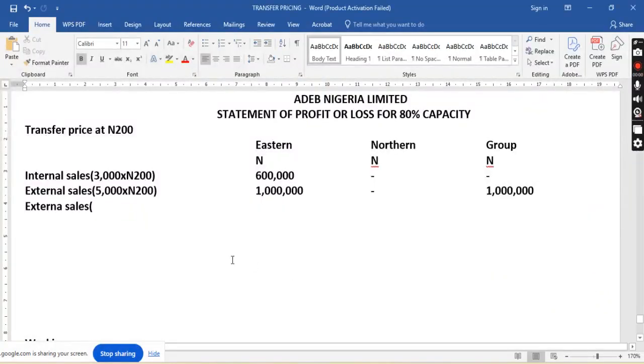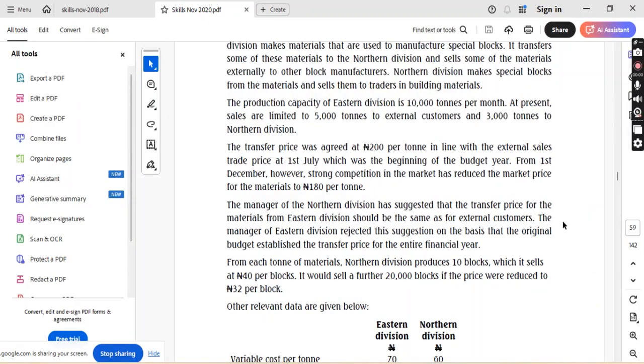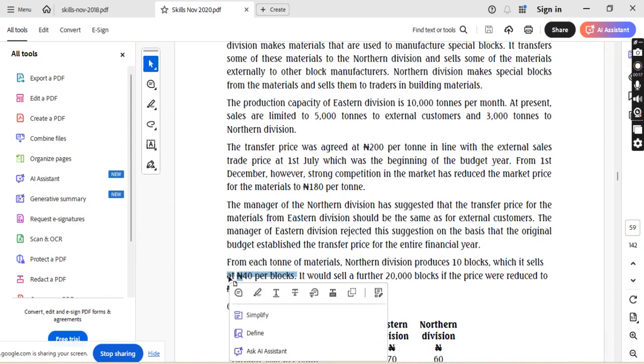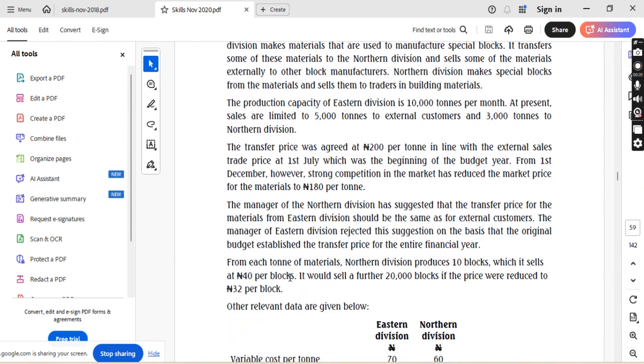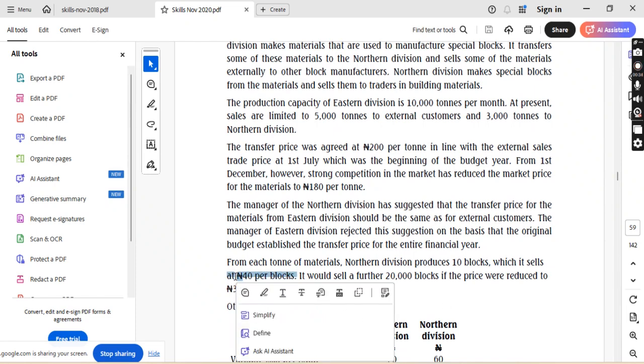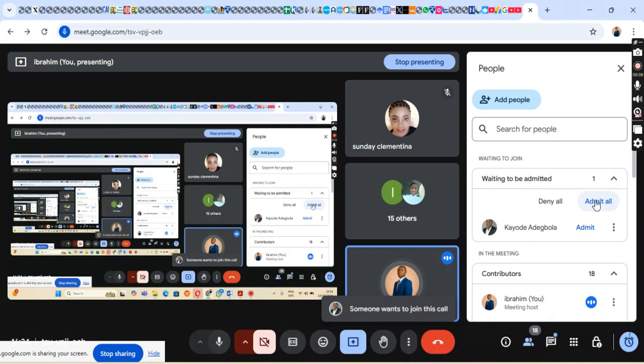Now, in this case, Northern buys this material and converts it to blocks, which it sells at 40 naira per block. That is at the 80% capacity, because that is the only thing they can get from the Eastern. And that is what they will sell at 40 naira per block at 80% capacity.